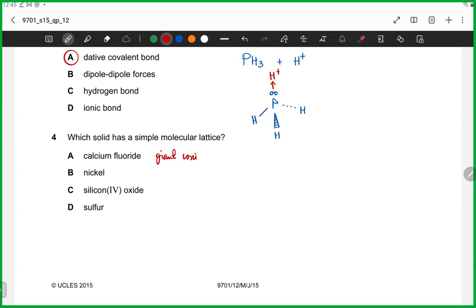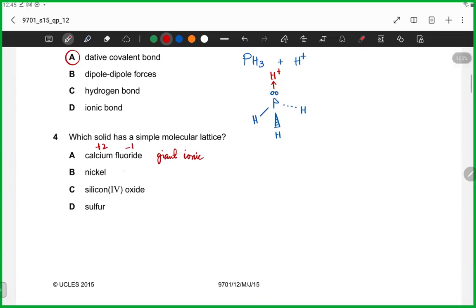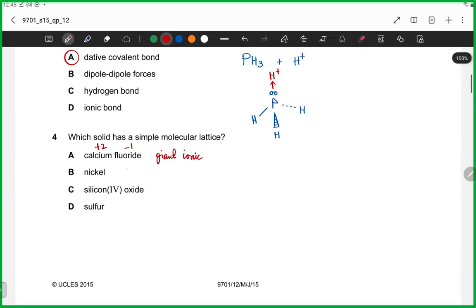Yeah. Calcium is +2 and fluorine is a non-metal, it's -1. So it's ionic. What about nickel? What kind of structure would nickel have? Nickel would be a giant metallic structure, a metallic lattice. So it's a giant metallic lattice, right?